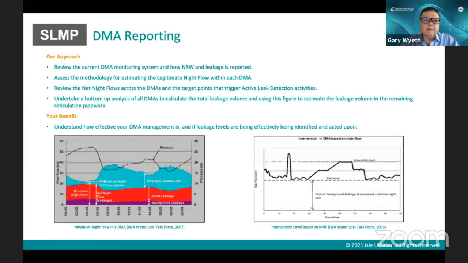DMA reporting. So most utilities, especially in Southeast Asia, will have a lot of DMAs, district metering areas.